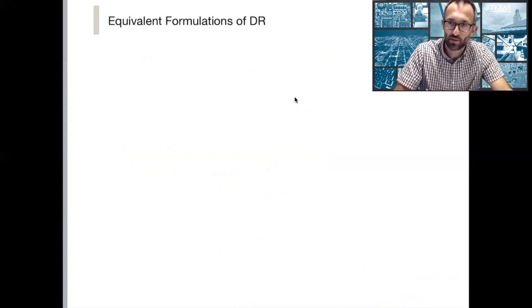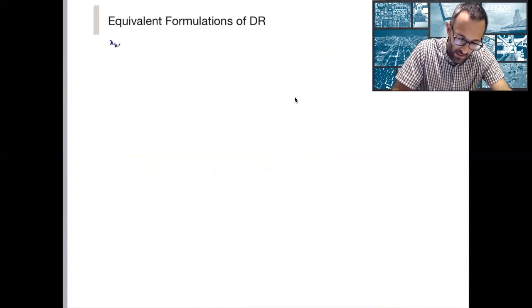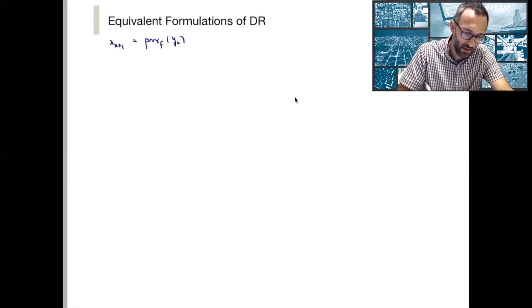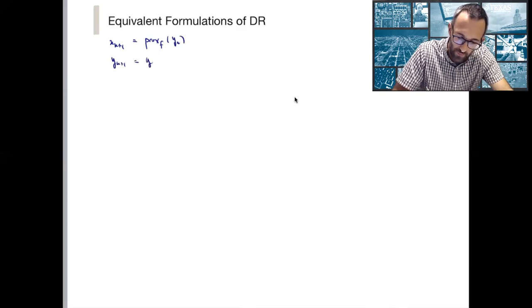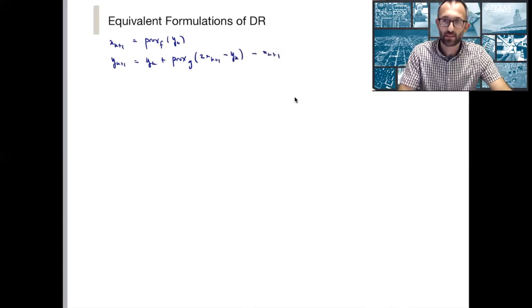What I had written on the previous page is xk+1 is equal to prox f of yk, and yk+1 is equal to yk plus prox g of 2xk+1 minus yk, minus xk+1.